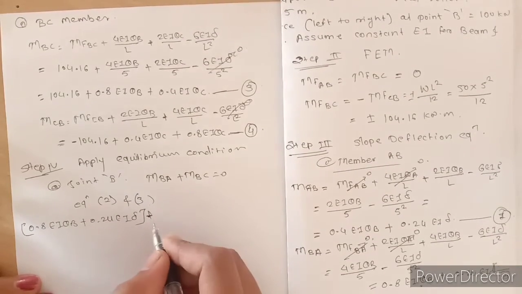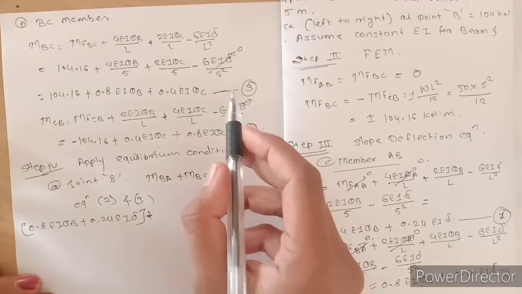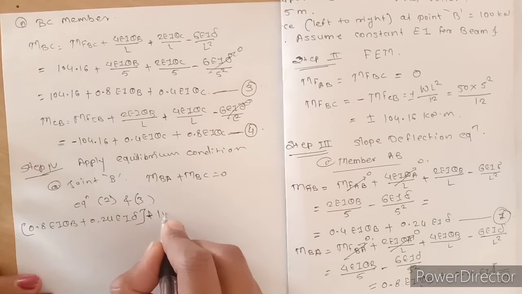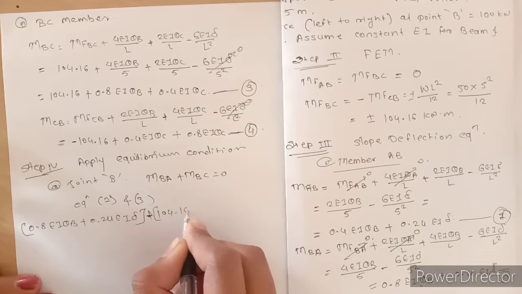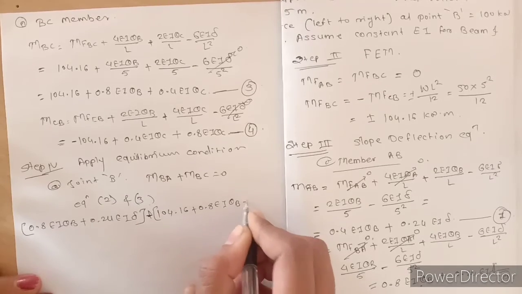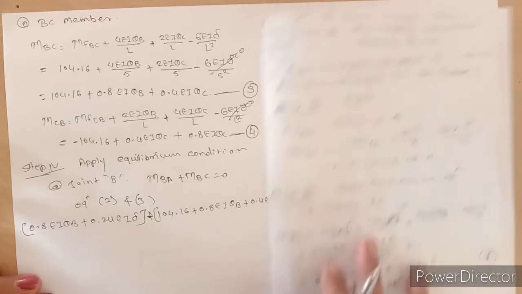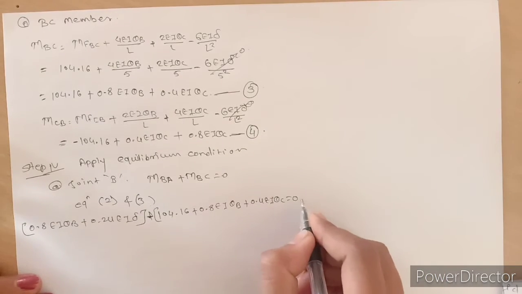Then plus the third equation: 104.16 plus 0.8 EI theta B plus 0.4 EI theta C is equal to 0.